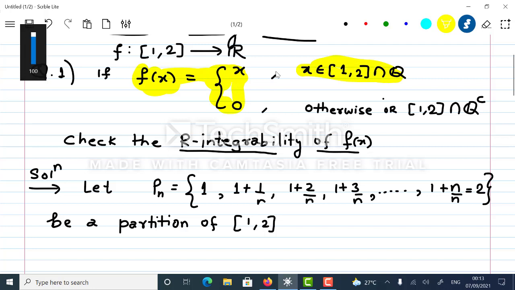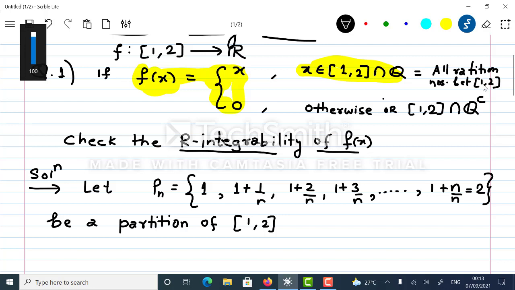The function value is x if x is rational. When I say the closed interval 1 comma 2 intersection with Q, it means all rational numbers between the closed interval 1 to 2.